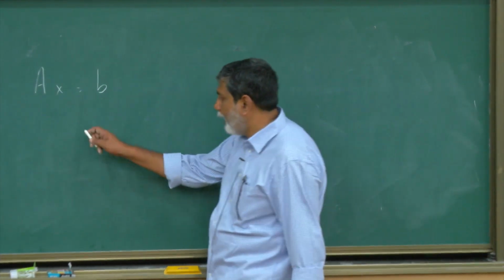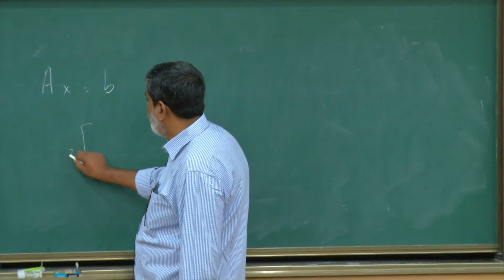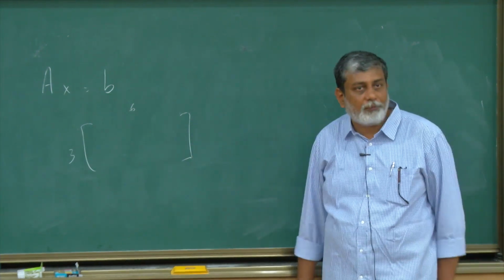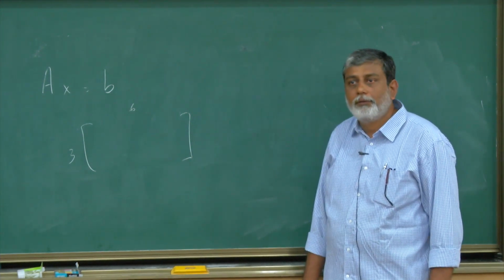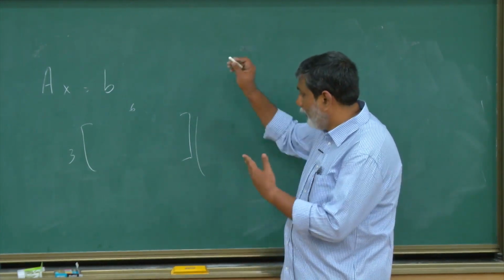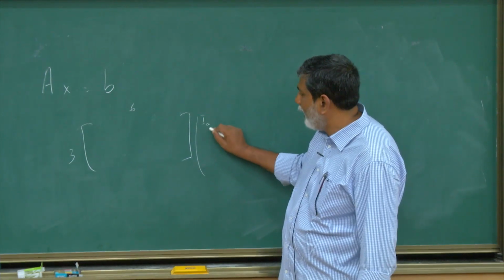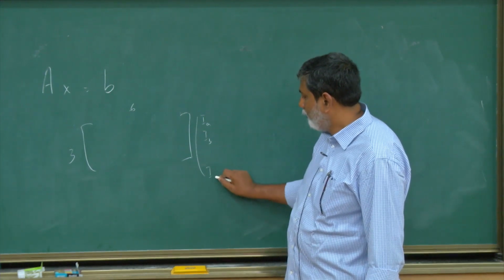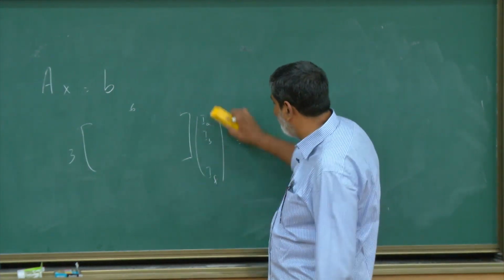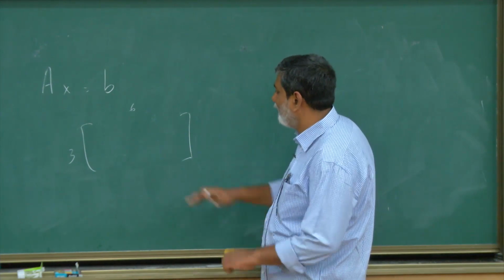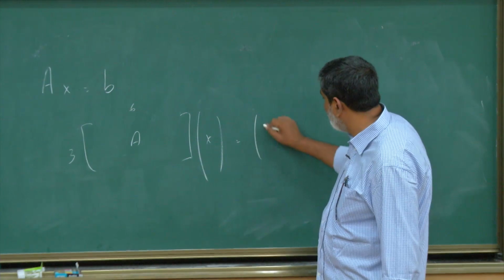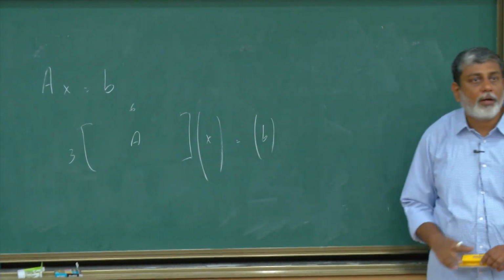I could have A to be a 3 cross 6 matrix, like the A's that we were having, where it was IA, IB, up to IF. So suppose I have that A, and I want to find an X such that this is equal to some B. How am I going to do that?